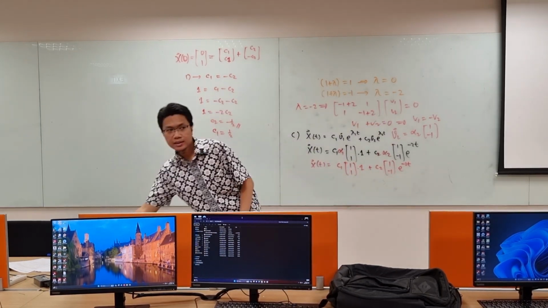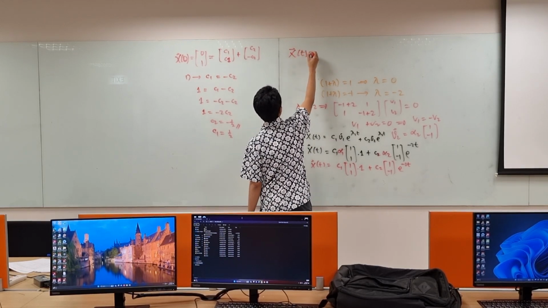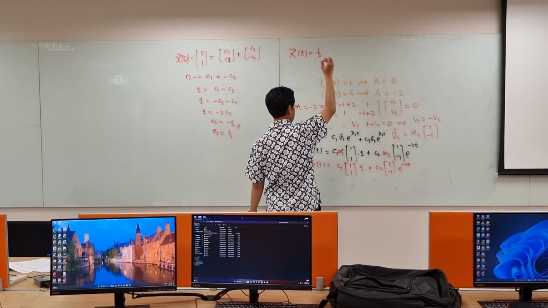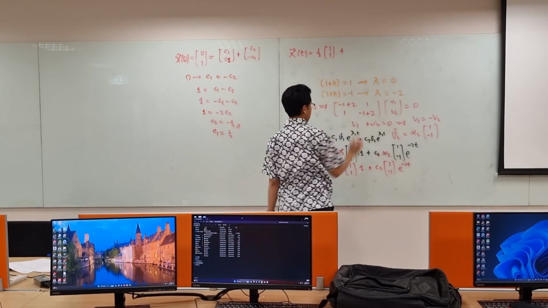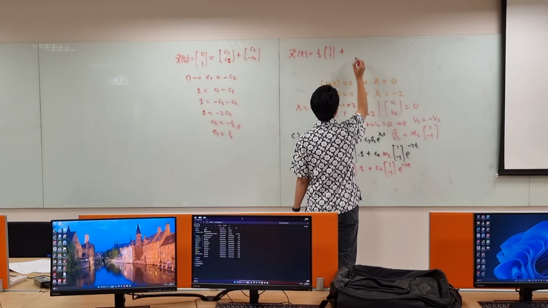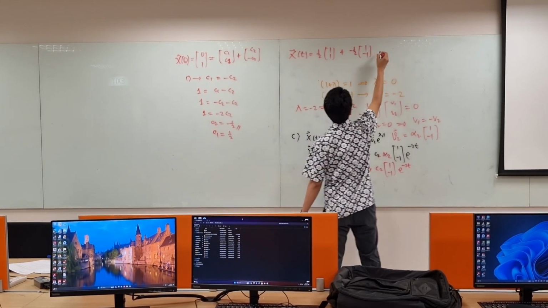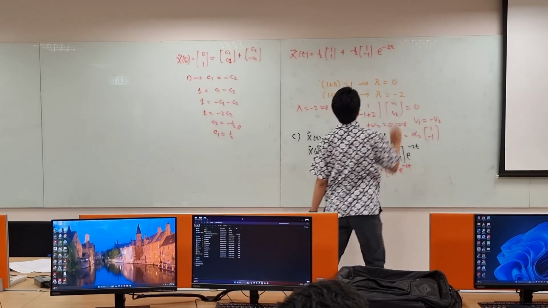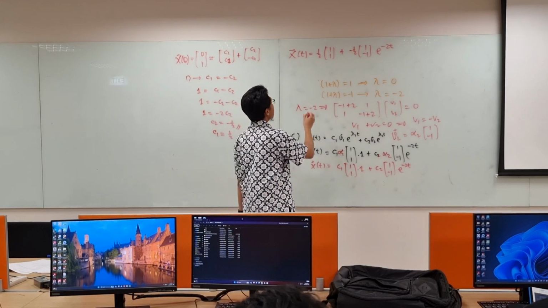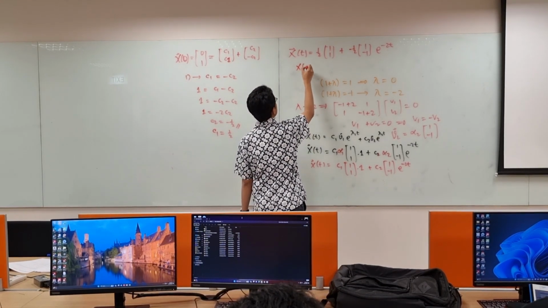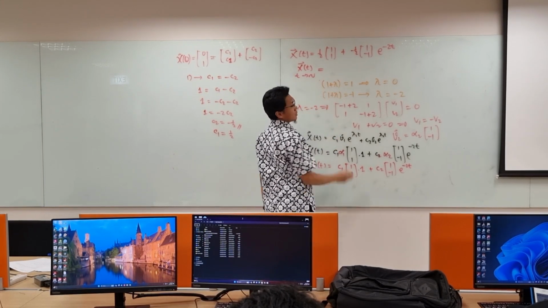Now in the final form, after you find out C1 and C2, x(t) will be half times this plus this is minus half, times (1, minus 1). Now as time goes to infinity, what will it become?